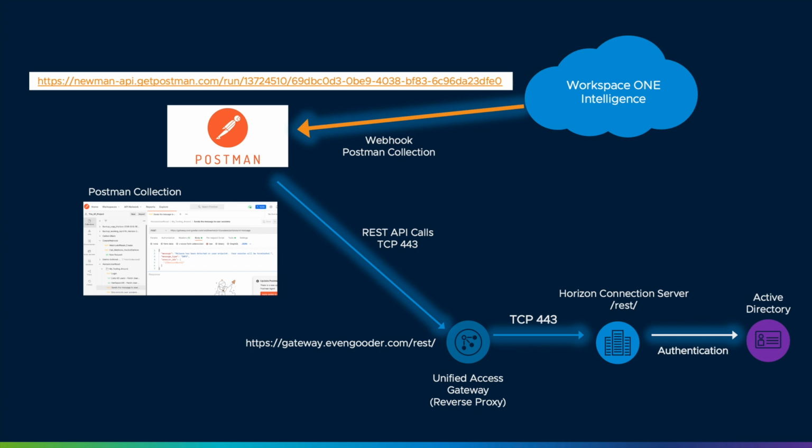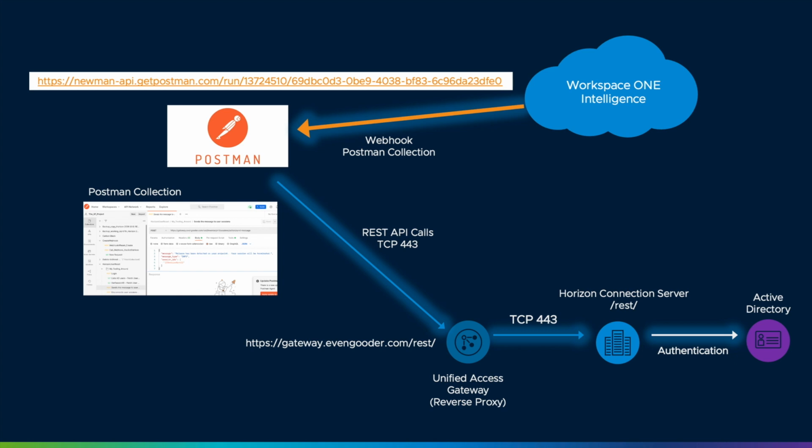We have a Postman webhook that allows us to deliver a sophisticated collection of REST API calls against the Horizon environment. And we have Unified Access Gateway acting as a reverse web proxy in order to make the connection server REST APIs available to Postman.